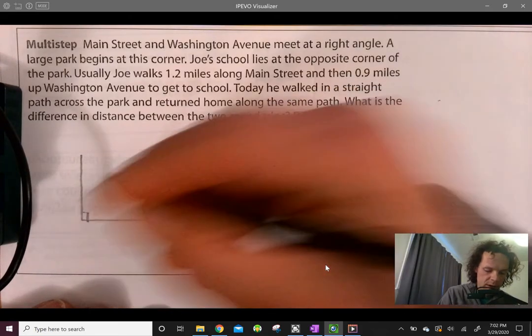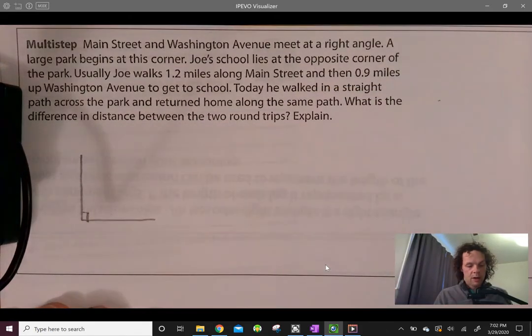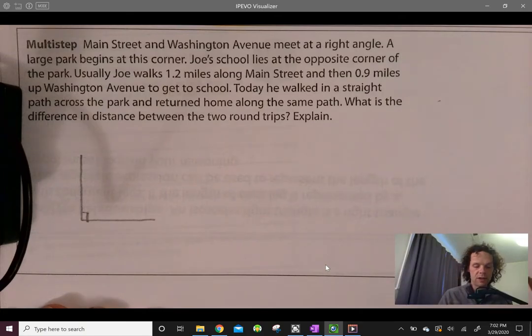There's a right angle right there. A large park begins at this corner. Joe's school lies at the opposite corner of the park. Usually Joe walks 1.2 miles along Main Street and then 0.9 miles up Washington Avenue to get to school.